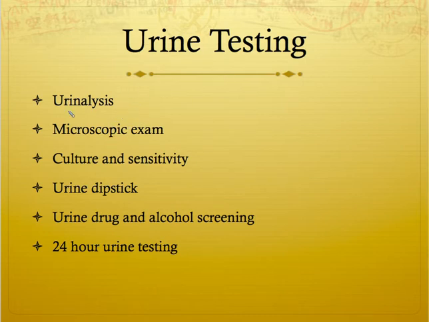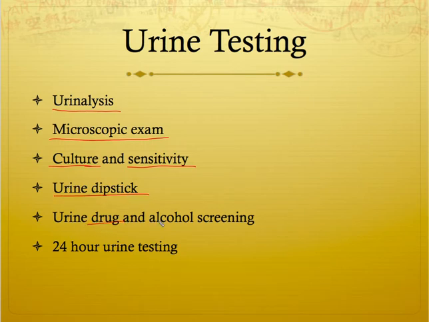Some ways we can test: we have things like urinalysis, where they analyze your urine. There's a microscopic exam, where they can look at the different components of urine under a microscope. There's culture and sensitivity, so they can put your urine on a petri dish and culture it, try to grow bacteria there and see what's in it. They can use a urine dipstick.